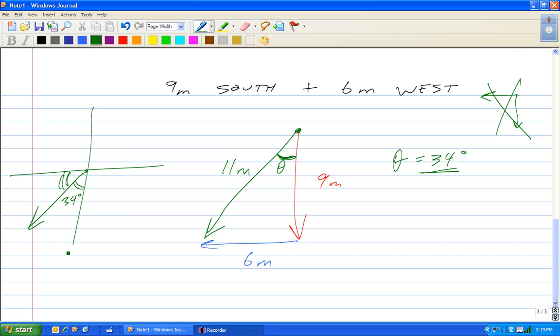So I can either take the 270 and subtract the 34, or I can find that angle based on what this angle was, which gives me 56 degrees, and add it to 180. Either way, I'm going to get 236 degrees. So the correct answer is 11 meters at 236 degrees. Okay?